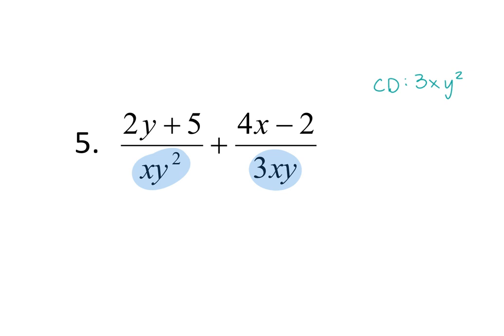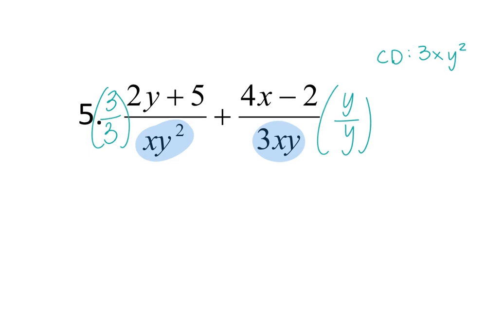So to get xy squared to 3xy squared, we need to get a 3. So we're multiplying 3 over 3 to it. And our back fraction, to get 3xy squared, we're missing a y. So y over y.